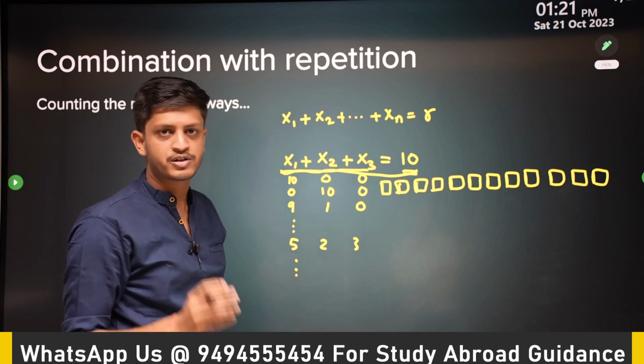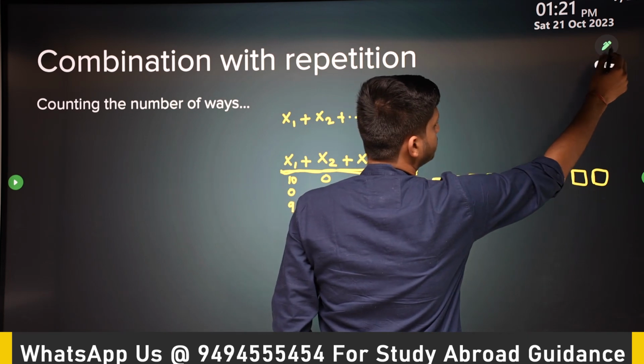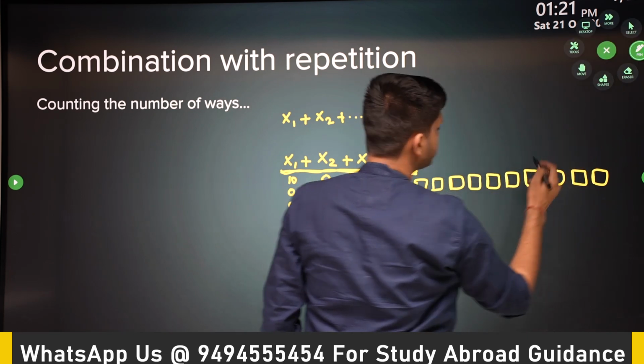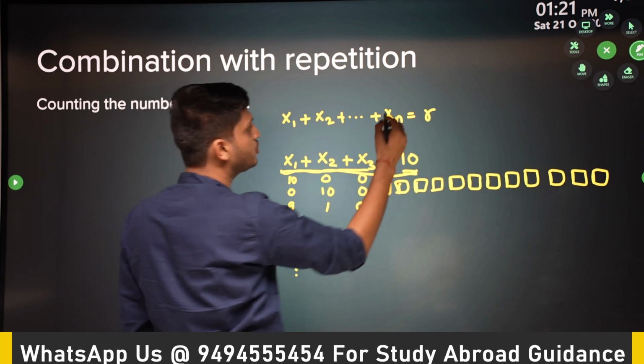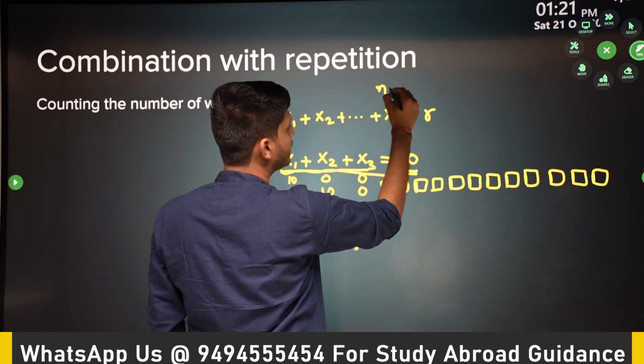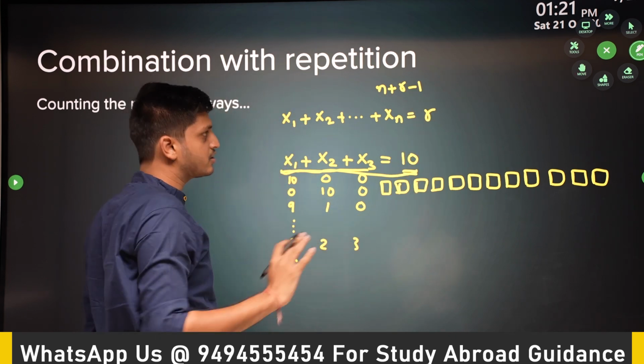Why am I drawing 12 boxes? You will know soon. So I have drawn 12 boxes. What is 12? The equation was x1 plus x2 up to xn is equal to r, so you have to draw exactly n plus r minus 1 boxes. And I will tell you why. There is a logic behind everything.